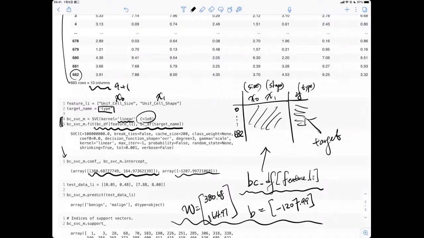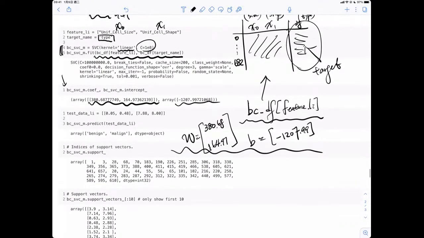So that is the answer. That is a line which can divide those 683 medical records, 就是医疗记录, and can clearly separate different Y. 反正你给它数据，它就直接告诉你那条线在哪里，就这样子.